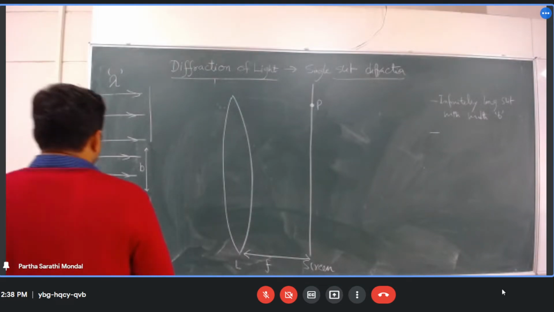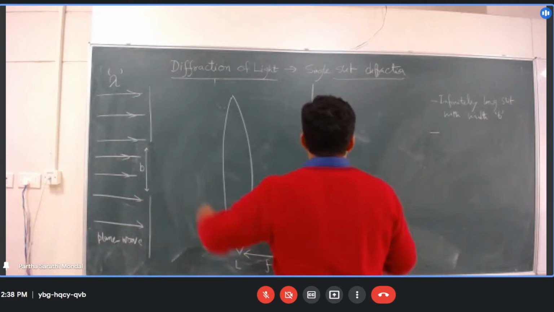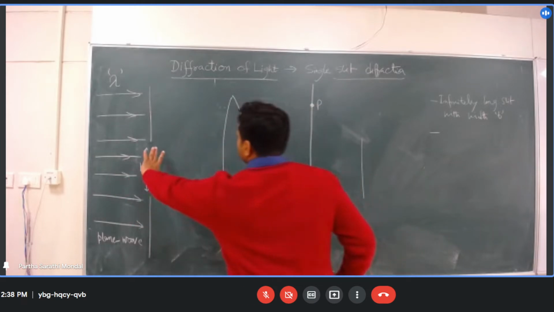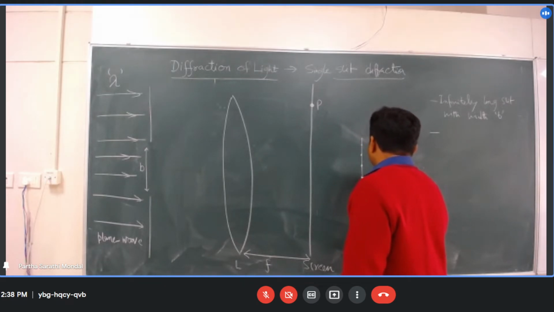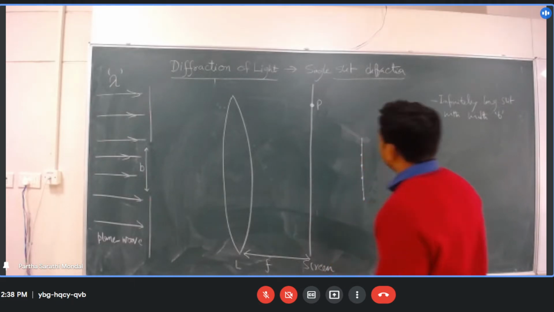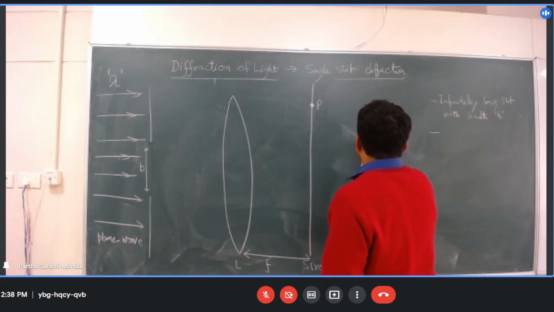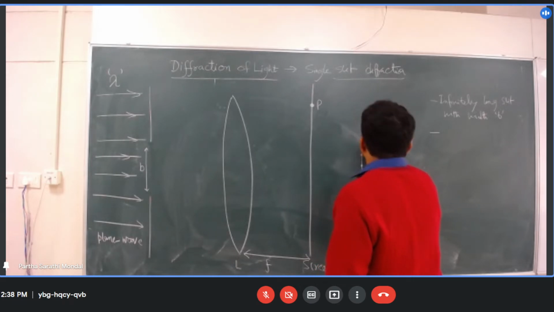So now let's say the plane wavefront is this one. It is coming like that and it is somewhere here. Now what we can do, from the Huygens principle we know that each point on the wavefront can emit light. We call them secondary sources, and they will emit plane wavefronts like that.